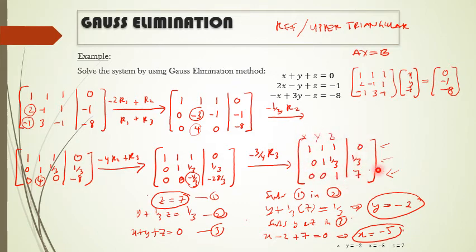And then you stop, you solve the equations. You start from the bottom, Z equals 7, and then you substitute. So you will get what is X, Y, and Z. Then it's considered solving the system, meaning we want to find X, Y, and Z.